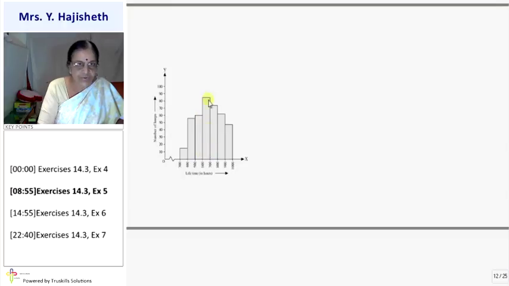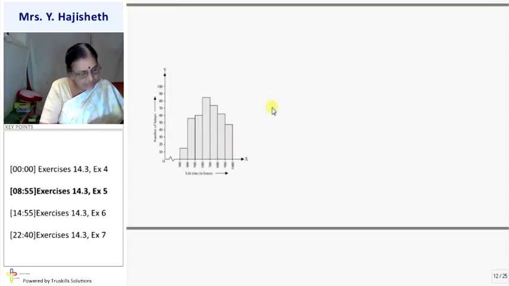And 86, so between 80 and 90, 8.6 centimeter. Then 74, between 70 and 80. Then 62, between 60 and 70. And last is 48, between 40 and 50. So these are the adjacent rectangles. So this is a histogram.